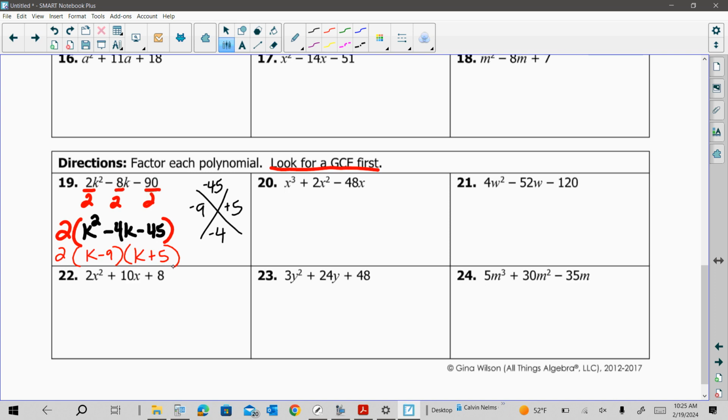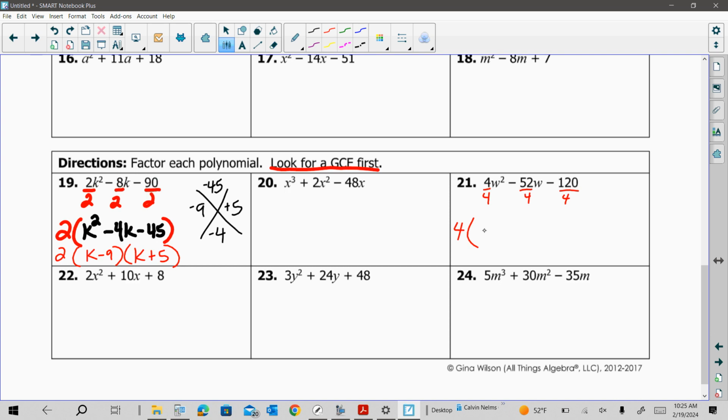So like on 21, I'm looking at 4, 52, and 120. What's the GCF? It's usually the smallest number, guys. GCF 4, yes. So the 4 goes outside.